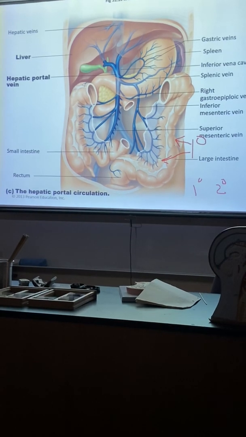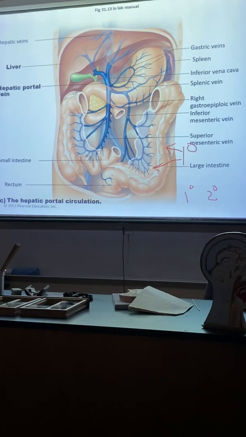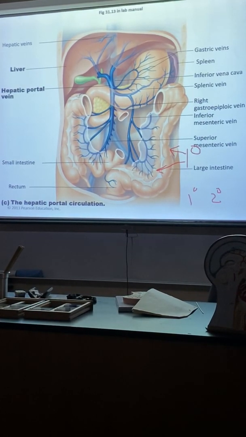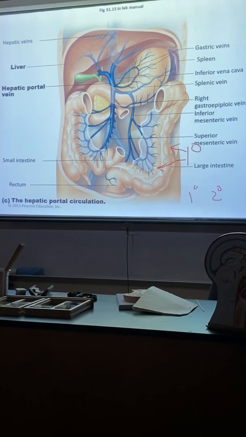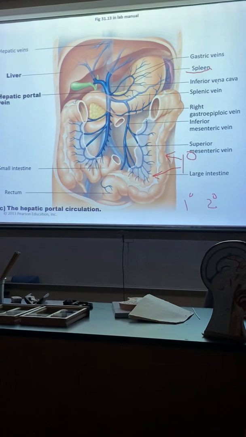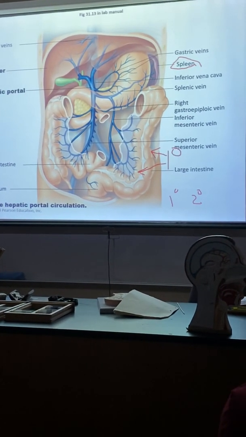The primary capillary bed is in the digestive organs, and that would include the stomach, pancreas, small and large intestines, and it also includes the spleen. Although the spleen is not a digestive organ, it is included in the hepatic portal system.